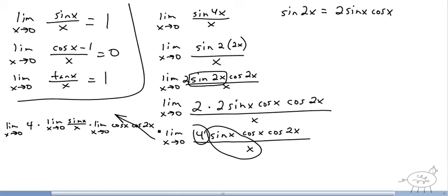Alright? Now, I could have actually just taken the 4 out because, remember, with the constant multiple, you can just pull that out if you want.